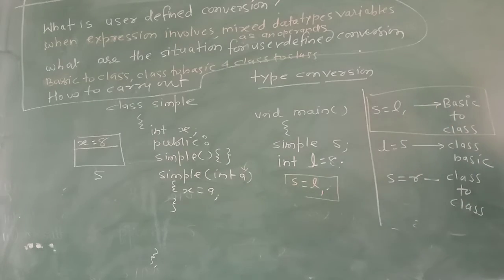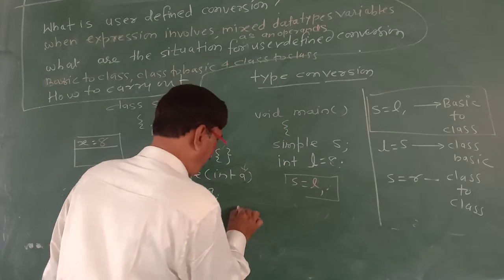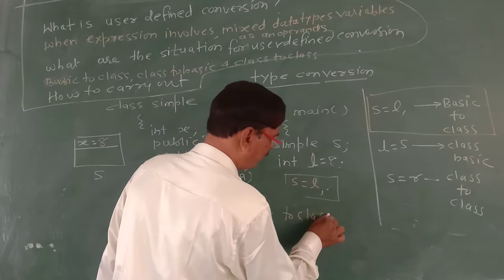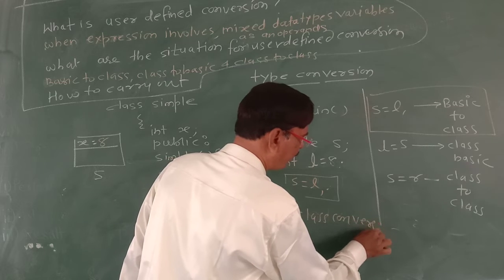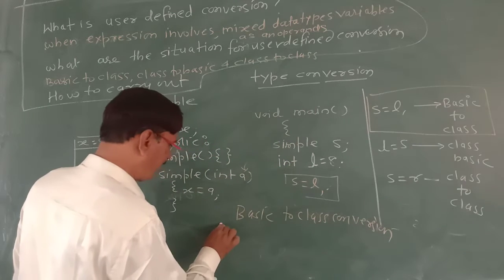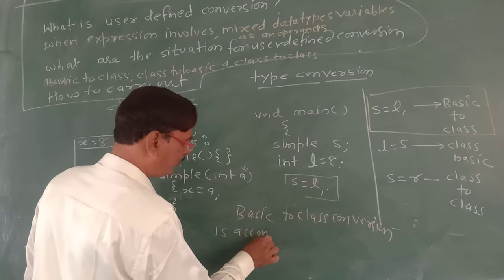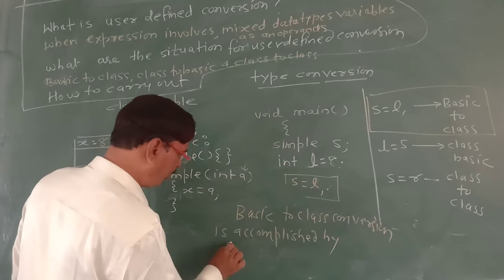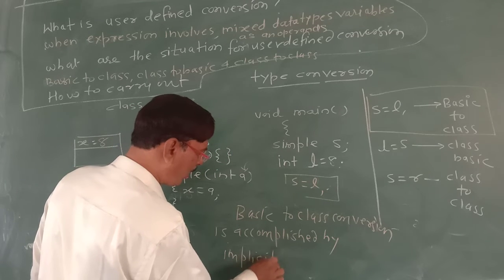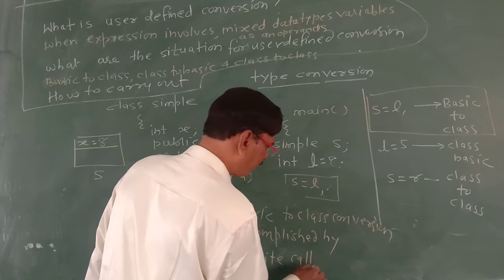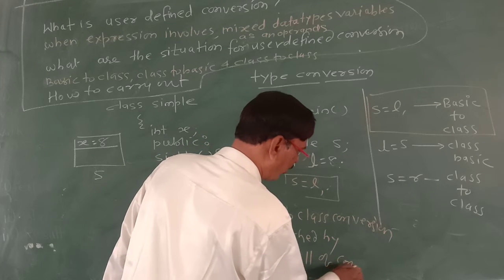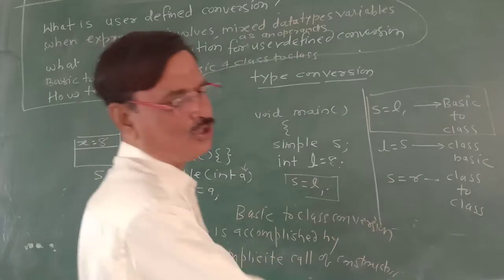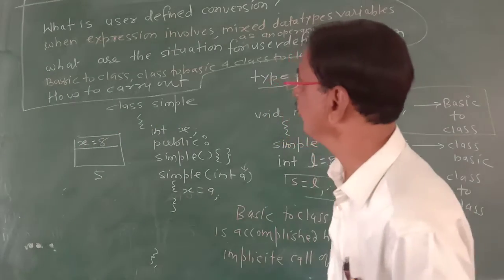And how is it carried out? Basic to class conversion is accomplished by implicit call of the constructor. So here the constructor itself plays the role of conversion function.